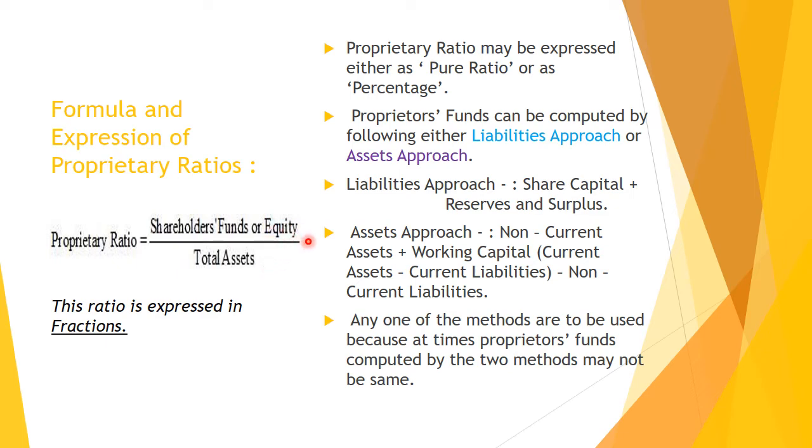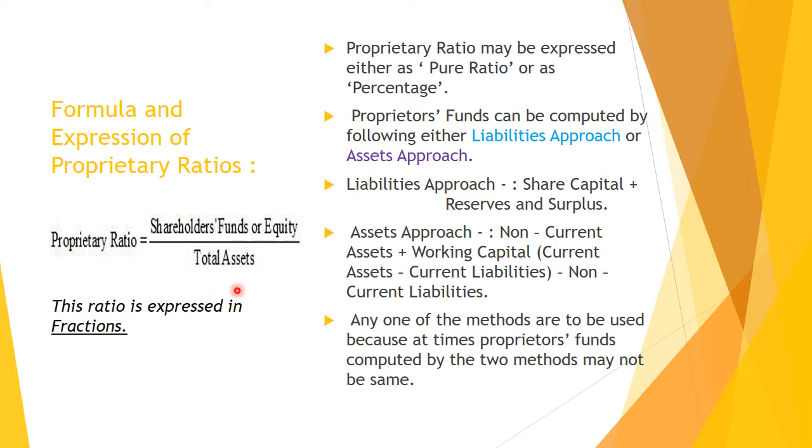So this ratio can be calculated in two forms, that is, pure ratio or as a percentage. How it is asked in the question, you have to decide upon that. If nothing is mentioned, it means it is a pure ratio; you have to just put in this formula, calculate it and get it into ratio form. If they have told to find it in percentage, you have to multiply by 100, get the answer, and say for example if it is 49, the percentage symbol will be written in front of it.